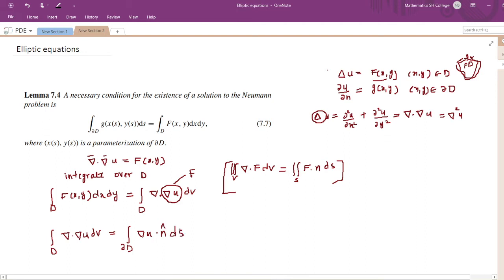Here we are doing a reparameterization: in the boundary, we use the arc length s as the parameter. So x of s, y of s is a parameterization of the boundary of D.